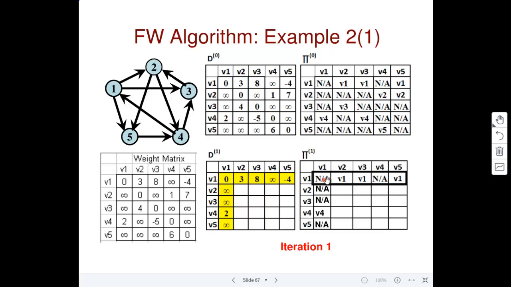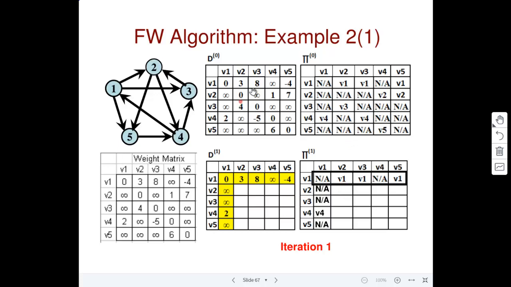Since we're going through V1, write down the predecessor entries we have for row 1 and column 1. Since here it is 0, same as our previous distance, we are not changing the predecessor, so write down not applicable, whatever is the predecessor entry from V2 to V2.